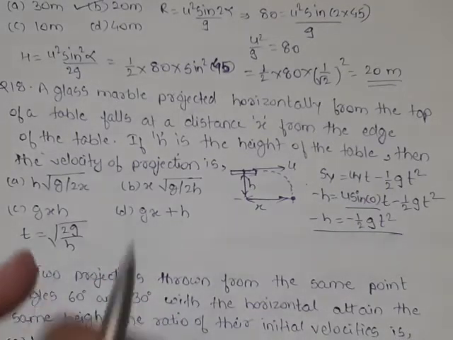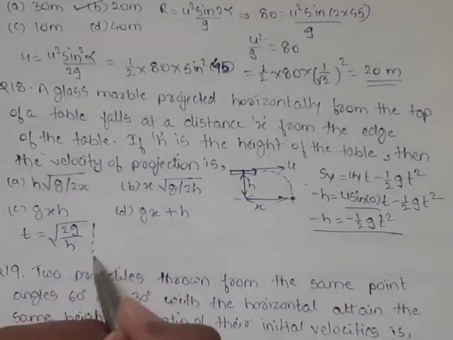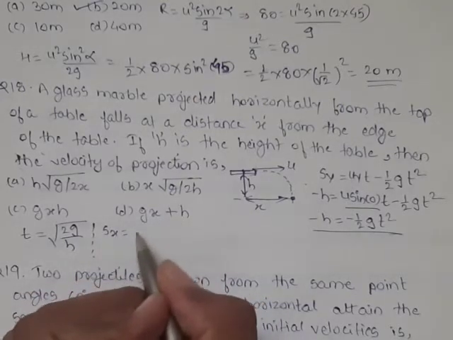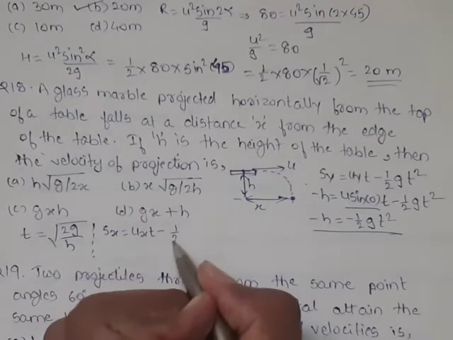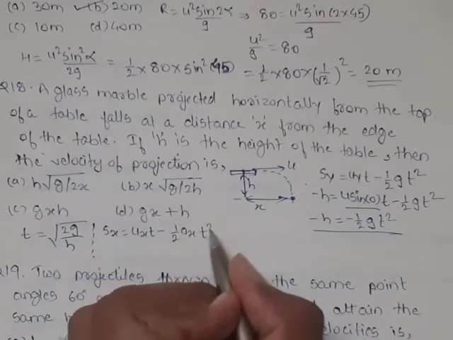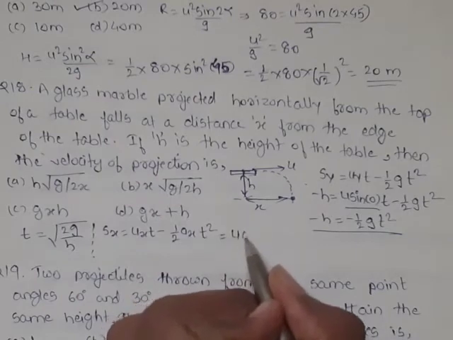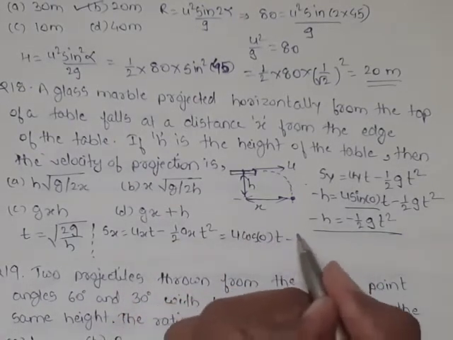Now it is asked to find out the velocity of projection. So now we'll use the x component, sx equal to uxt minus 1/2 ax t square. It is nothing but u cos 0 of t minus 1/2 ax t square.